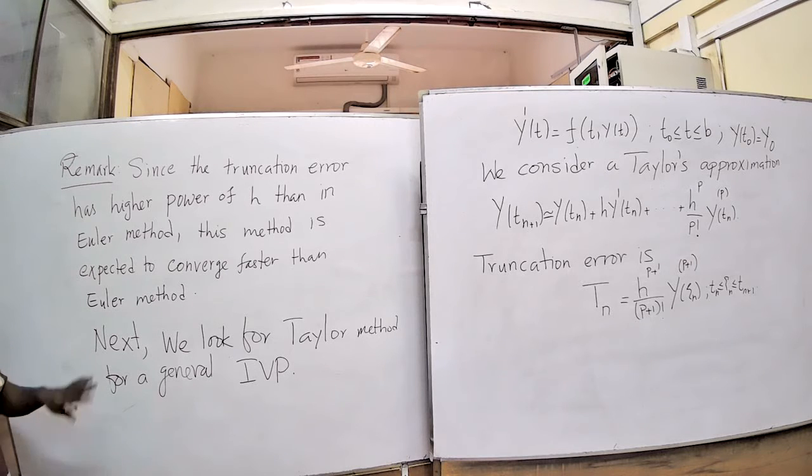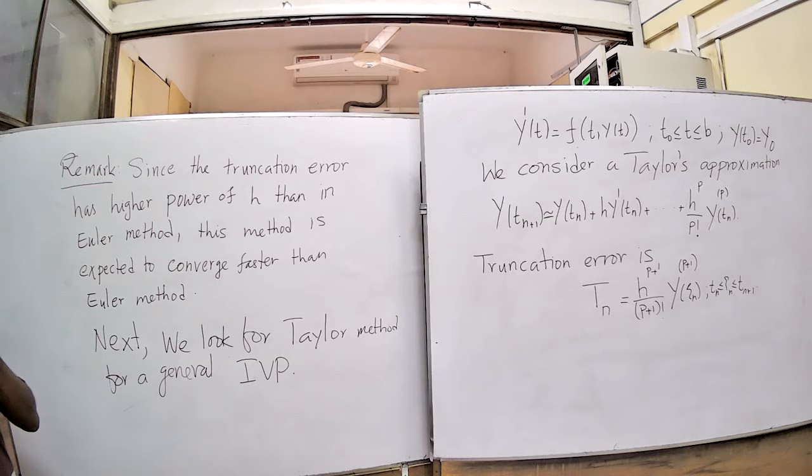This is simple because you just take the Taylor's expansion approximated with p derivatives. So obviously the next derivative gives you the truncation error. Now comes the interesting part.